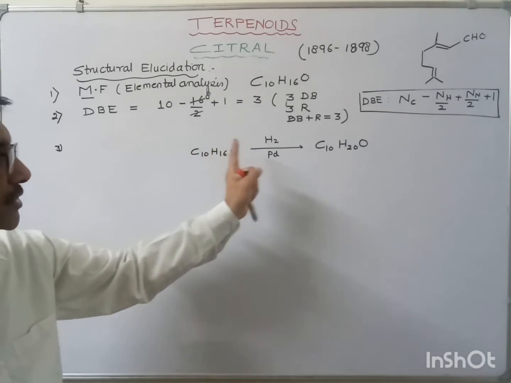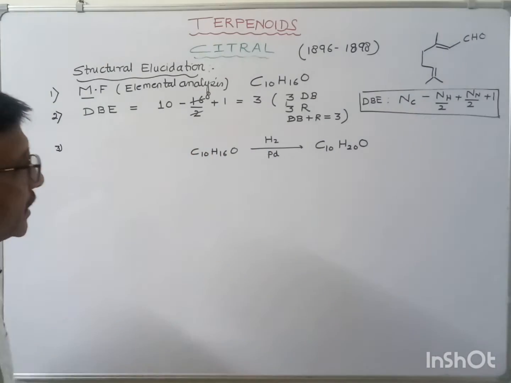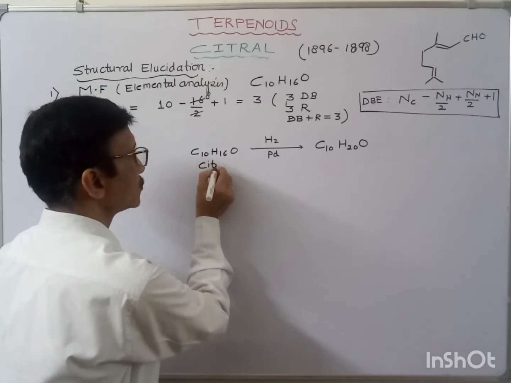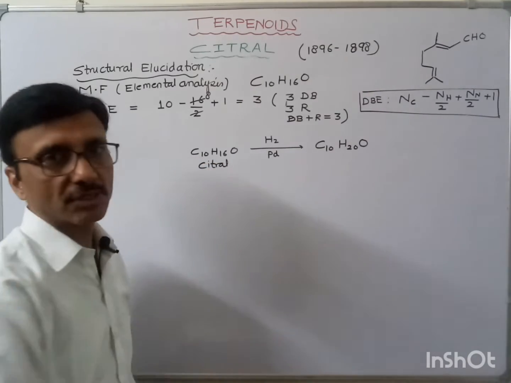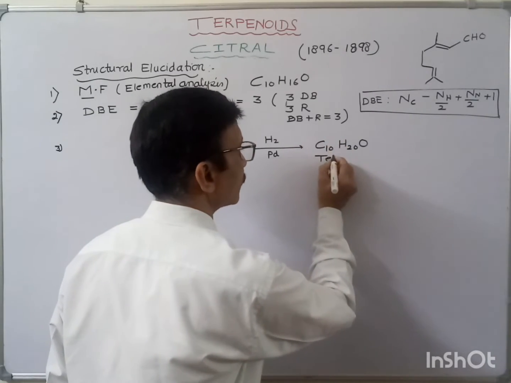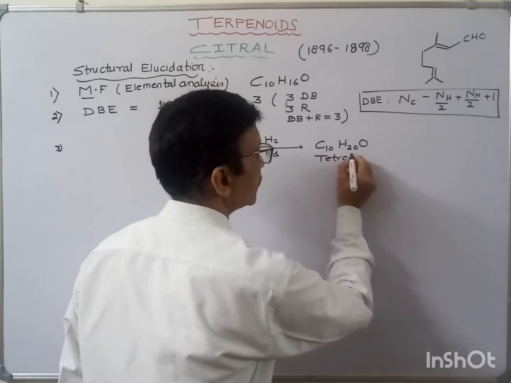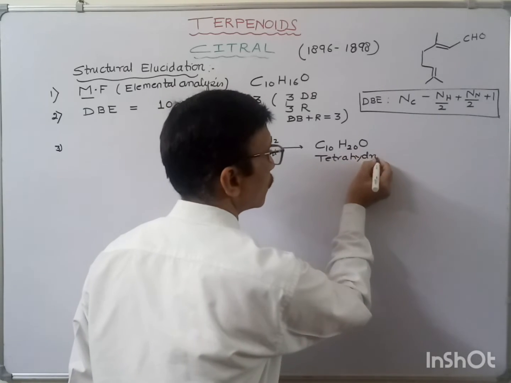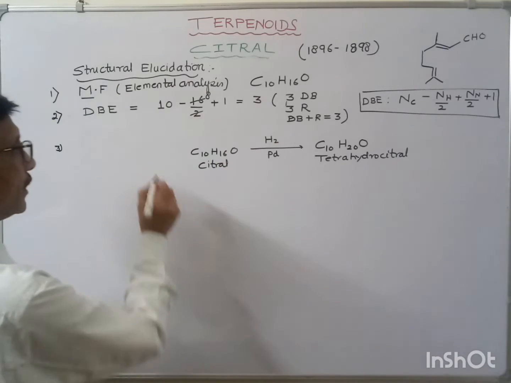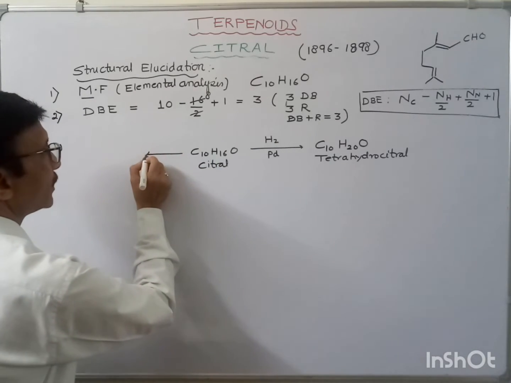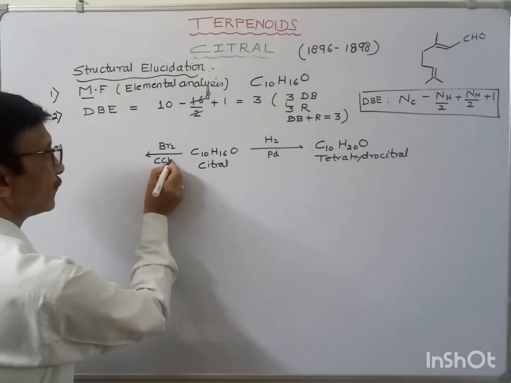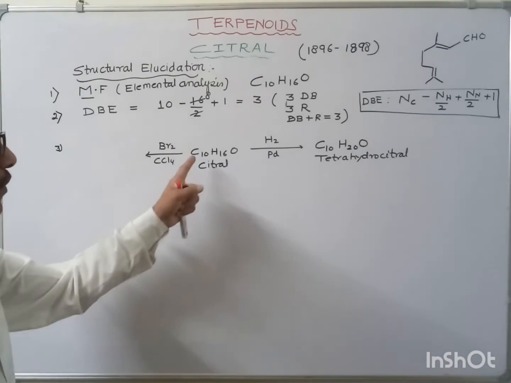As the name of this is citral, the name of this can be written as tetrahydrocitral. Okay.